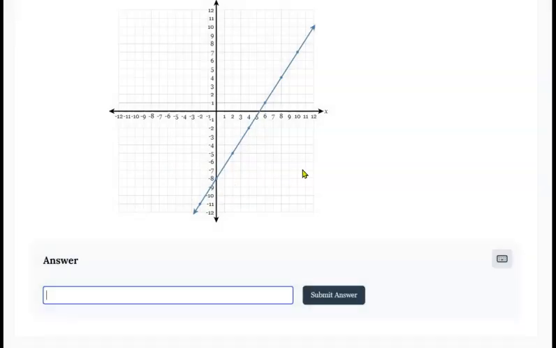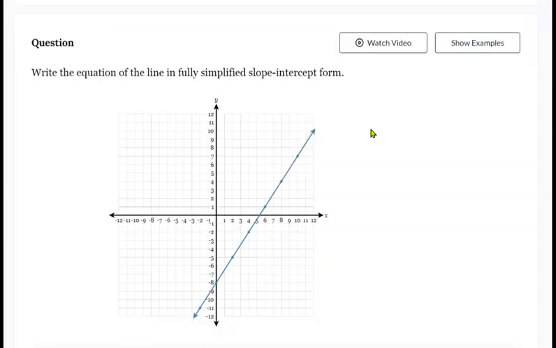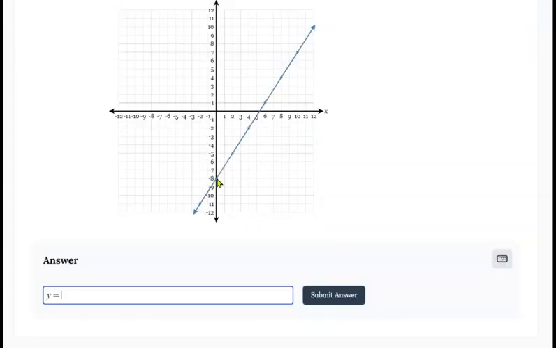Now for the next topic, they're going to give you the graph, and they want you to write the y equals mx plus b sentence right here. That's what they want you to do. So we're all going to start with a y equals sign, and they want you to write the equation in fully simplified slope-intercept form. So my y-intercept is -8, and my slope, if I count from this intercept, has a rise of 1, 2, 3, and a run of 2.